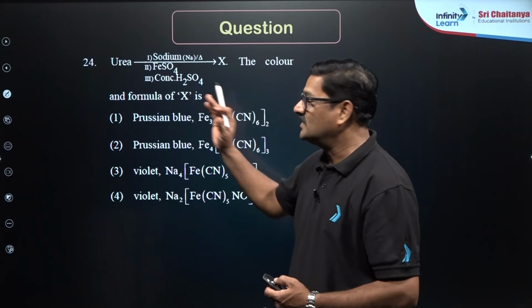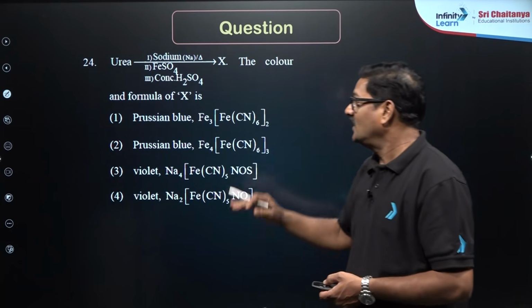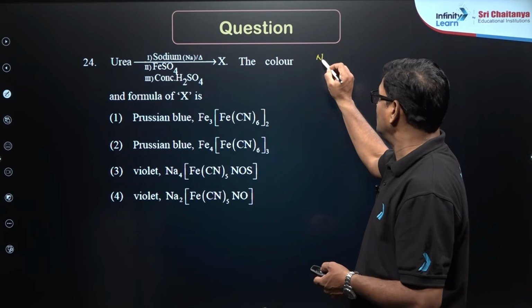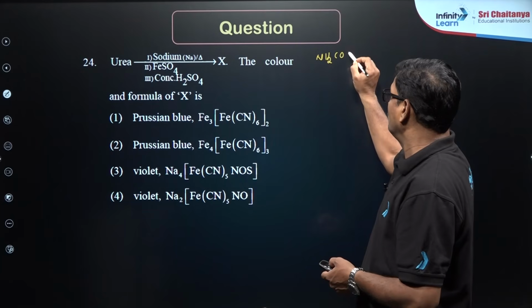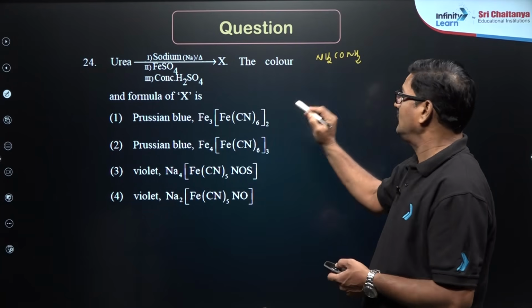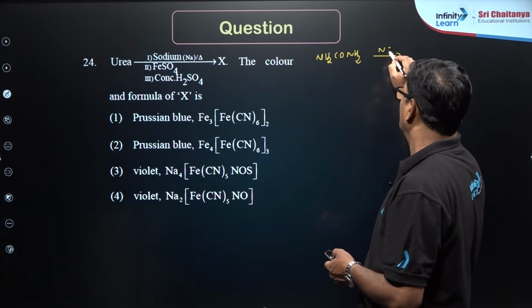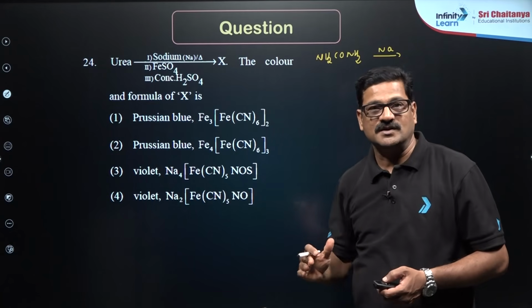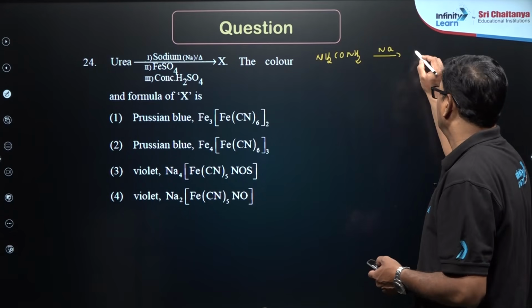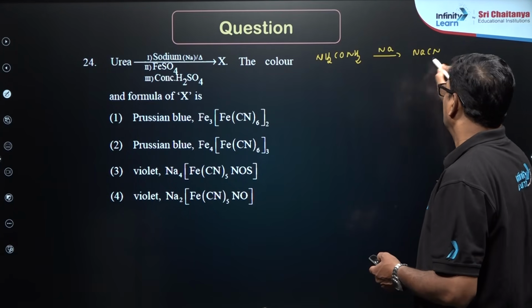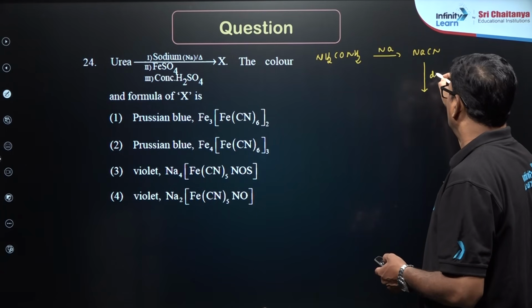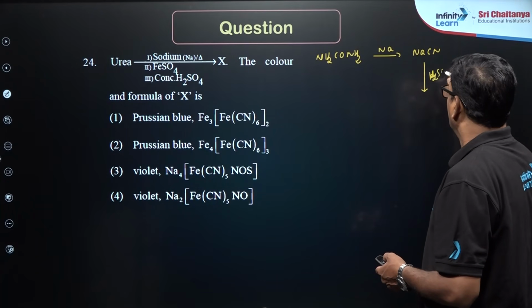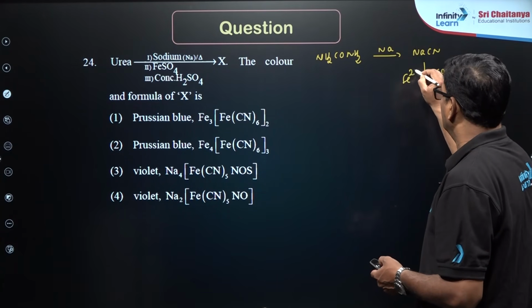Students, this question is a basic Lassaigne's test. Let us see what happens. NH2CONH2, urea, is treated with sodium. So the nitrogen present in the urea is converted into sodium cyanide, and this is treated with H2SO4 in the presence of FeSO4.